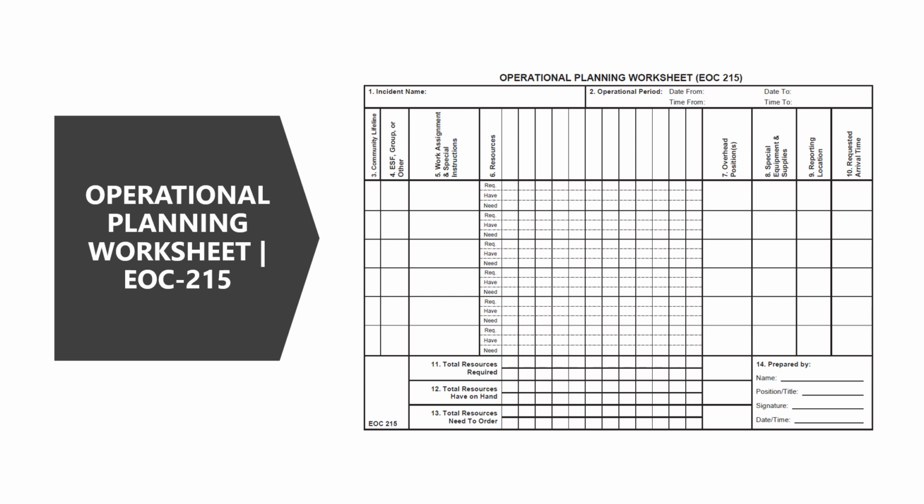And the logistics team will then, either the personnel team will start to order personnel if it's personnel that are needed, or the supply and procurement unit will start to order and find those equipment and those types of resources. So it's a great worksheet to help you visualize if you have enough resources to do what you want to do for each operational period.